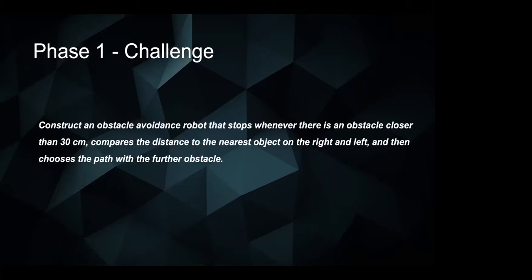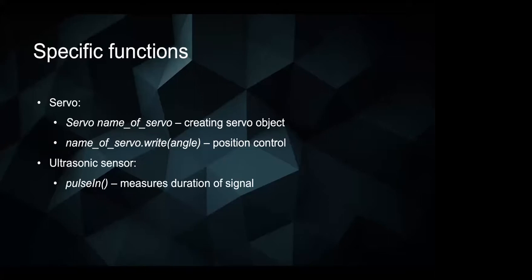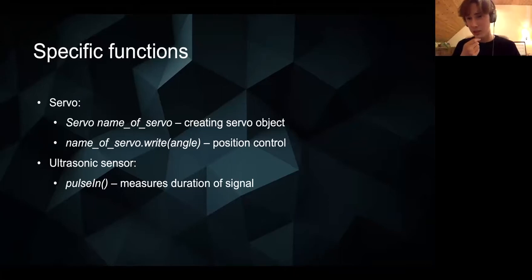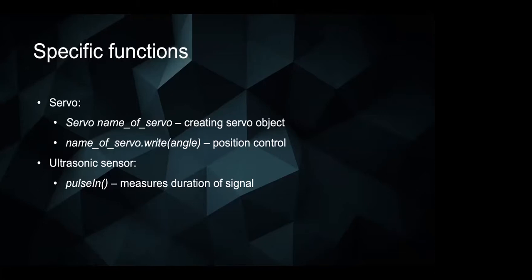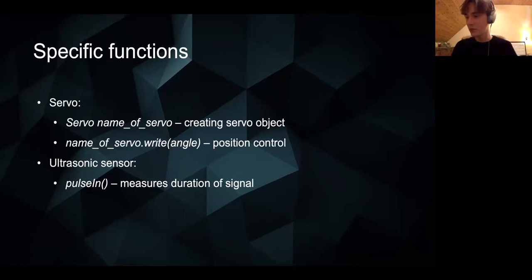Just a question, please. Yes, you can. For the servo, when specifying the angle, is it between 0 and 180 or negative 90 and 90? To be honest, it mainly depends on the type of servo.